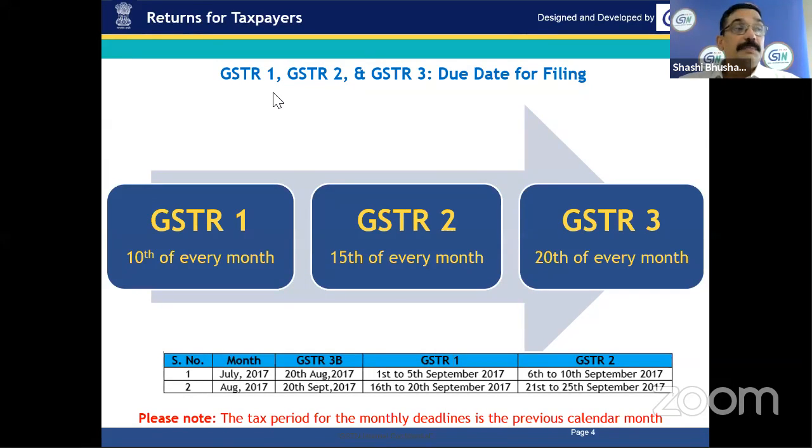But keeping in view the demands of trade and industry, when the GST was rolled out, on account of lack of preparedness to furnish a detailed GSTR-1, the GSTR-1 filing date for the July month has been postponed by the government to between 1st to 5th September 2017, and for August between 16th to 20th September.